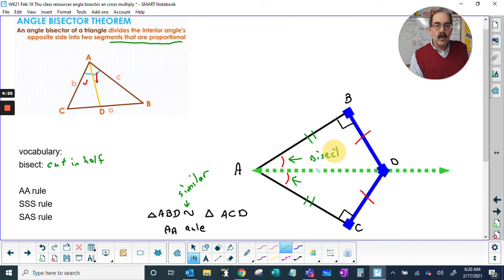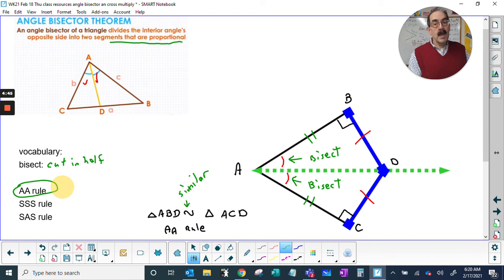Once we did that bisect, then we can do all sorts of cool things. And it works from the angle perspective. That's what I proved to you.